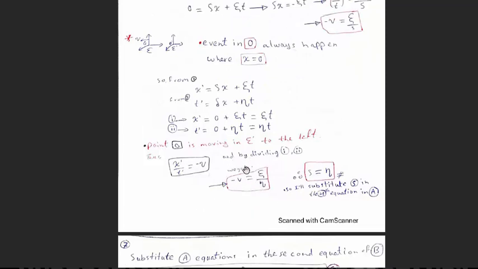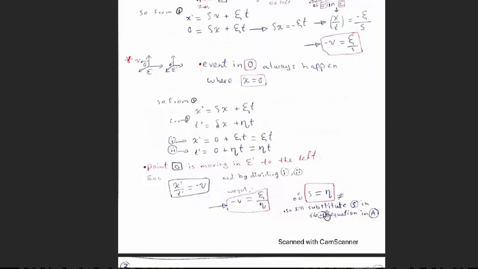And what we got here, so we divide both equations: x dash over t dash and epsilon t over eta t. So x dash over t dash equals epsilon t over eta t, which is epsilon over eta, and here v we can refer, yeah, you got it, I think.